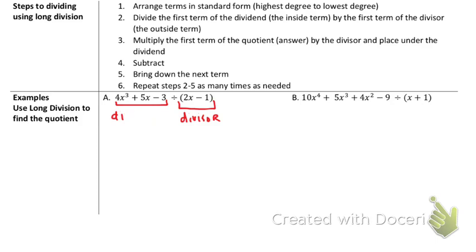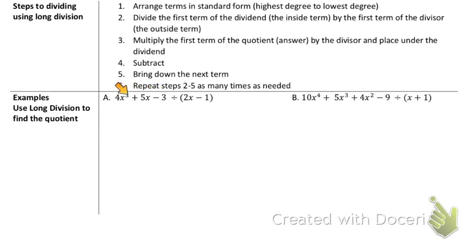So in step 1, what we want to do is make sure that all my problems are in standard form and that we are not skipping any variables. So if you look at this here, this has to be in standard form. To remind you of standard form for step 1, we want to make sure the highest power goes first all the way down to the constant in order.